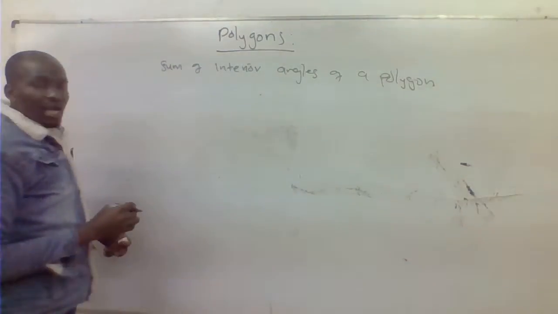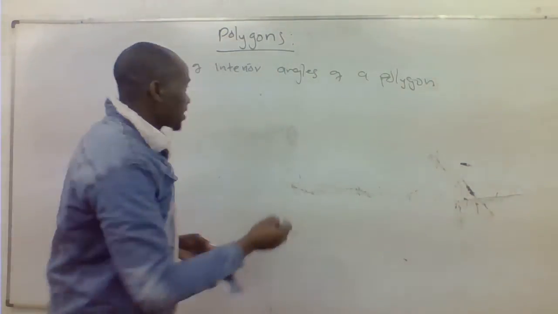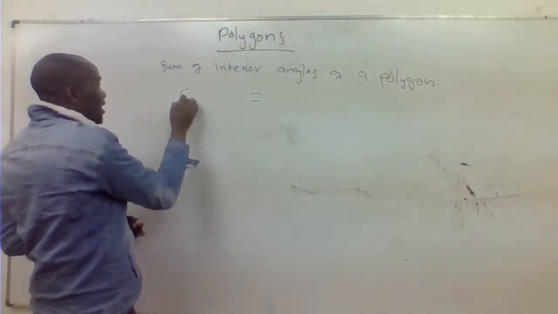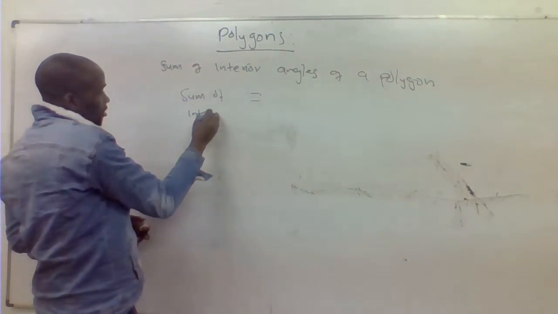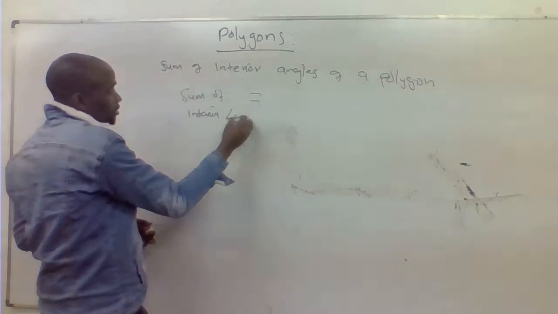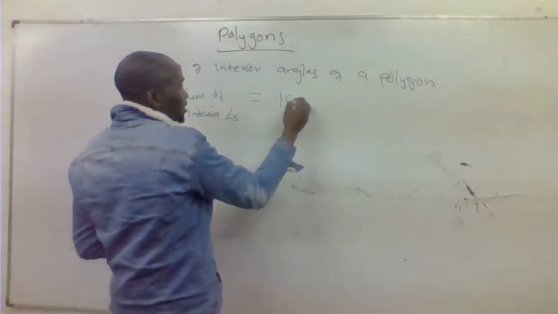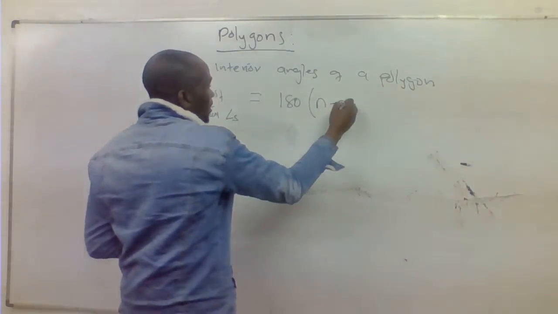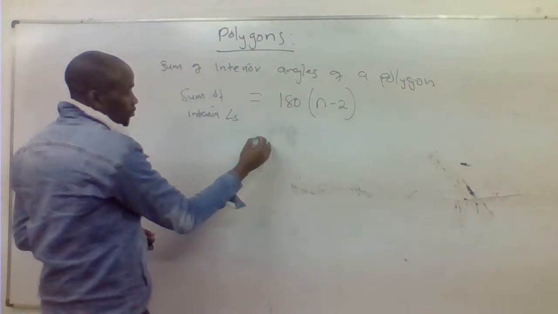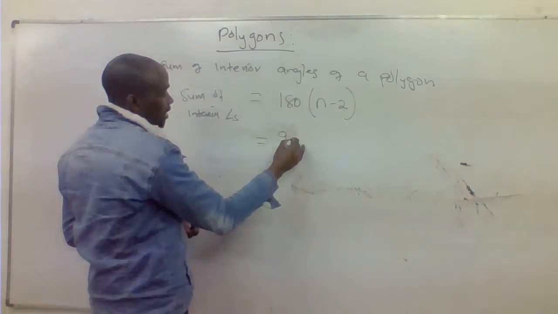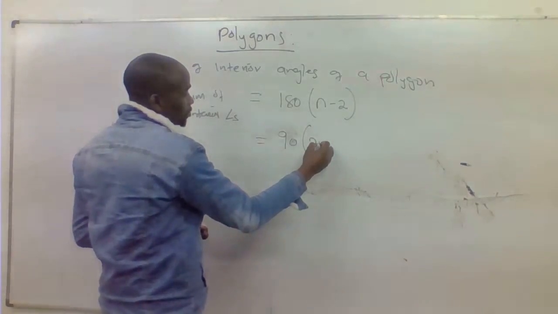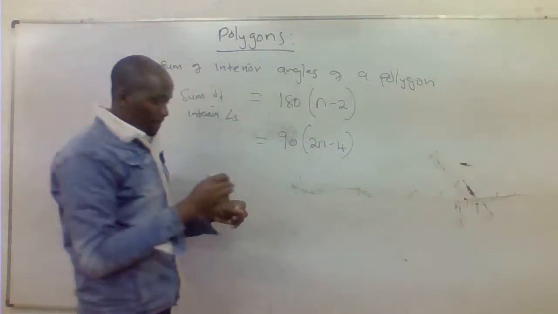So sum of interior angles of a polygon is given by this given formula. Sum of interior angles is given by 180 into bracket n minus 2. This one can also be written as 90 into bracket 2n minus 4.